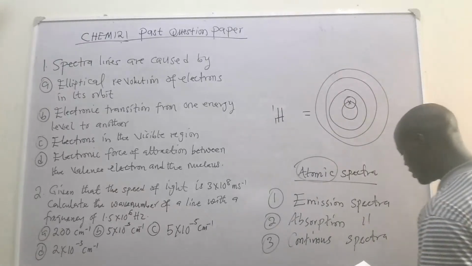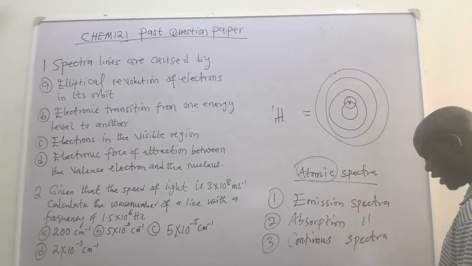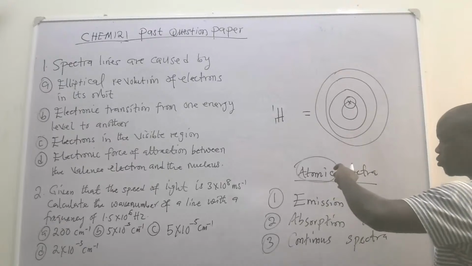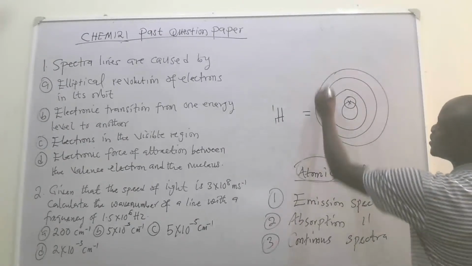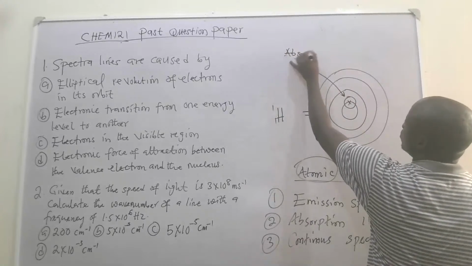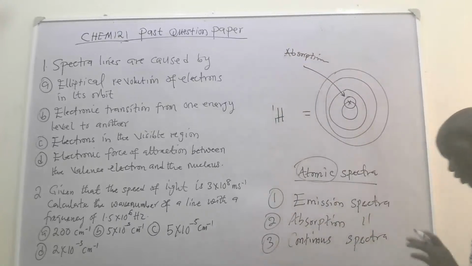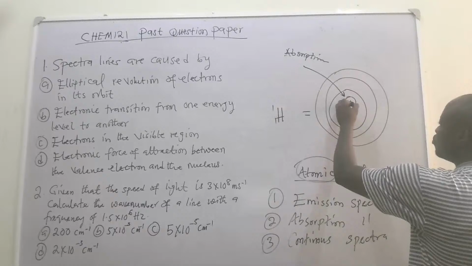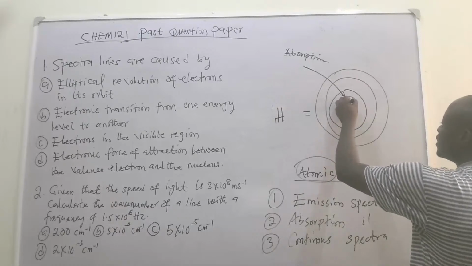But once energy is absorbed or emitted, there is a likelihood that the electron will move from one energy level to another. Let's say there is an energy absorption. In the case of absorption spectra, it occurs when an atom absorbs a specific wavelength of light, and then the electrons move from one energy level to another.